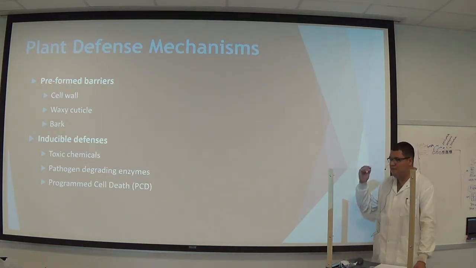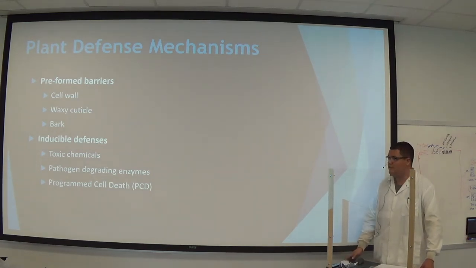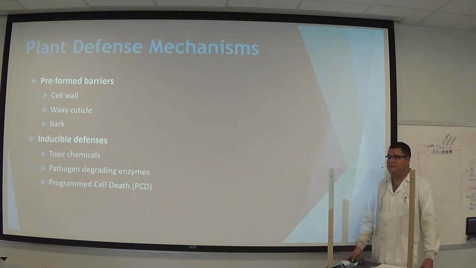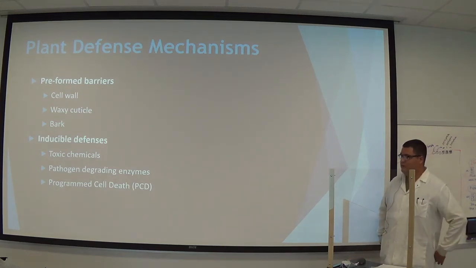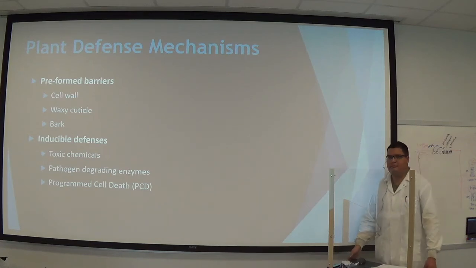Toxic chemicals can be toxic to the plant itself, such as reactive oxygen species, which are just oxygen which has been reduced so that it easily reacts with other things inside the cell. You can also get pathogen-degrading enzymes. Some pathogens can transmit viruses to the plant, for example, fungi.